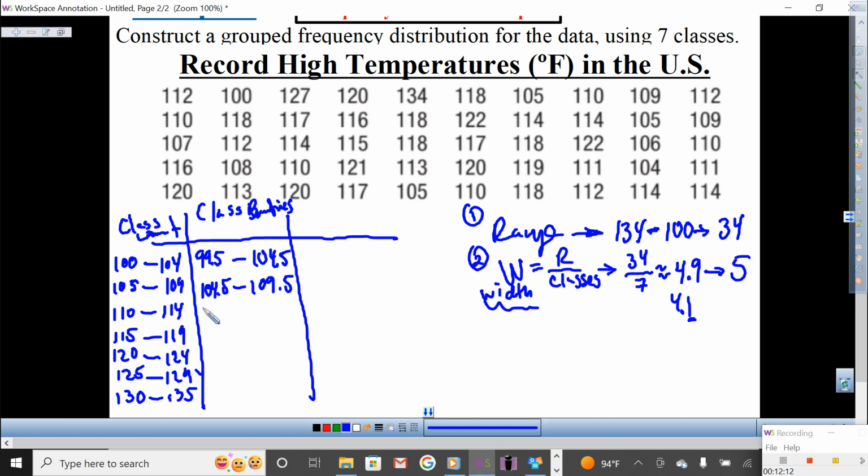So the next one is, very good, 114.5. 114.5 to 119.5. 119.5 to 124.5. 124.5 to 129.5. And 129.5 to 135.5.